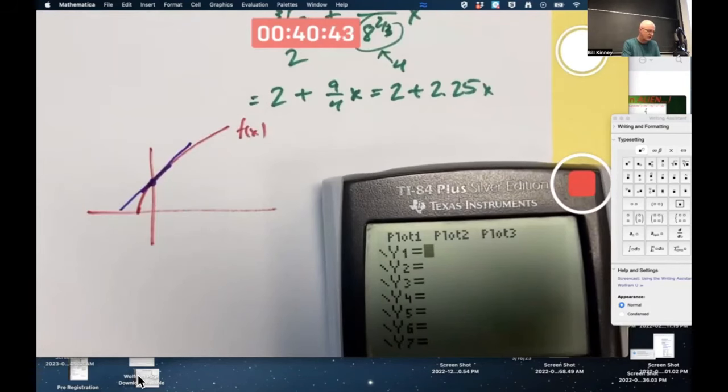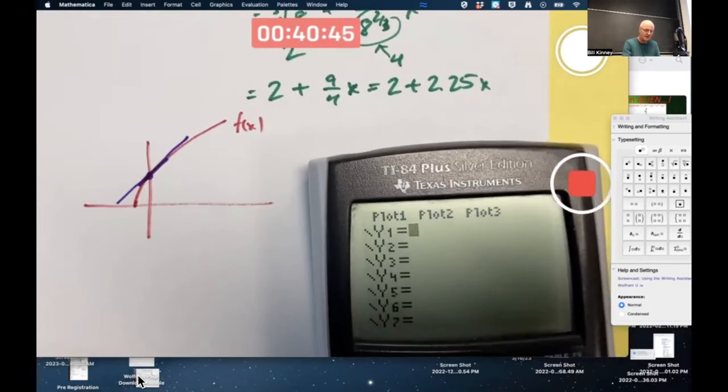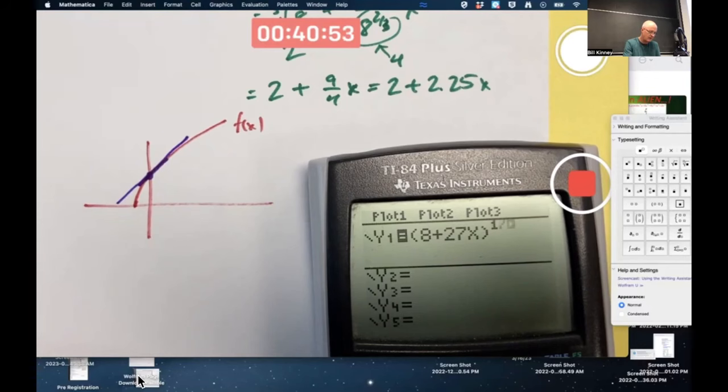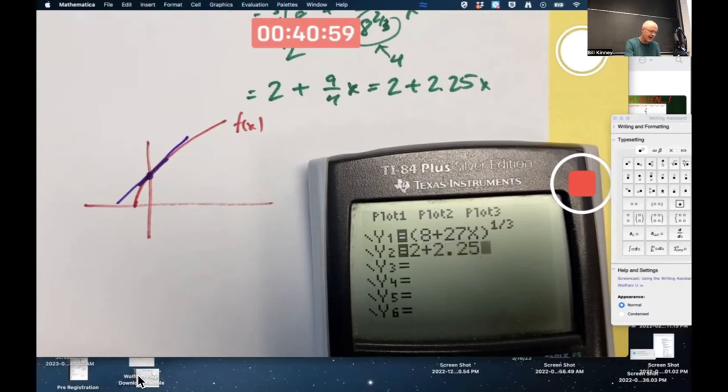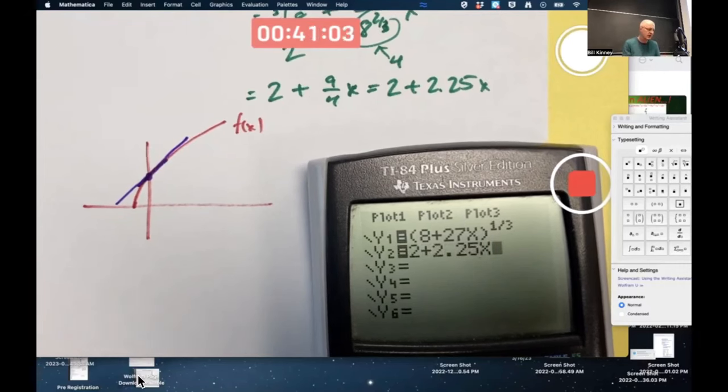So it's, again, the cube root, which is the same as 1/3 power. I'll type 8 plus 27x in parentheses to the 1/3 power. I also want to graph this linear function 2 plus 2.25x. I want to plot them near x equals 0.